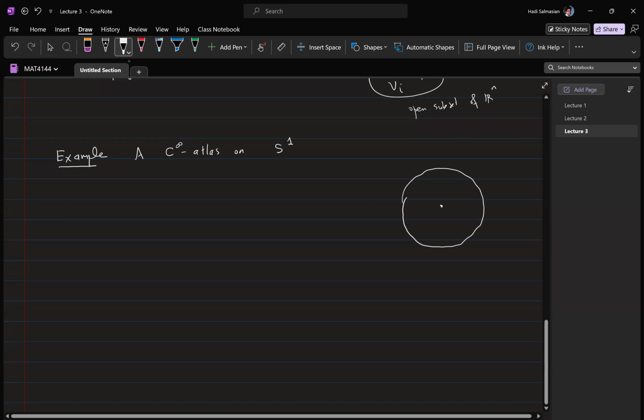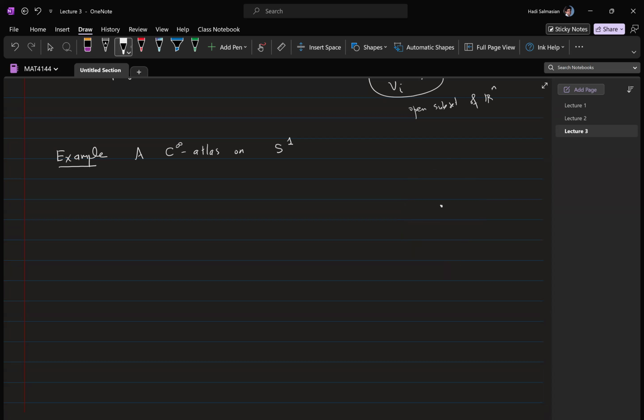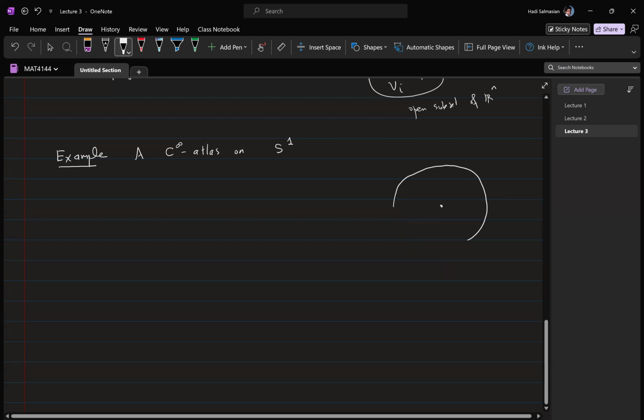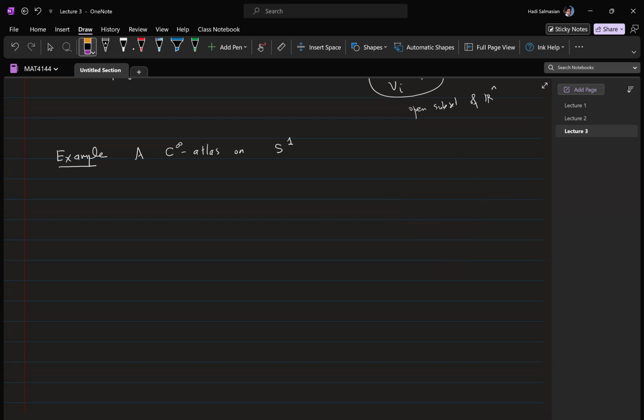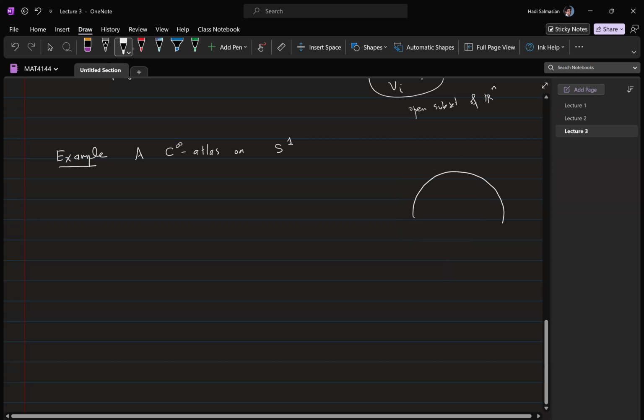And now what we can do is we can take these two open sets by removing the north and the south pole. So this is like 1, and this is -1. In my picture, actually, it's horizontal. So maybe I should just do the horizontal picture here too. So let's see if I can actually get a perfect circle. There's a circle. This is 1, and this is -1.